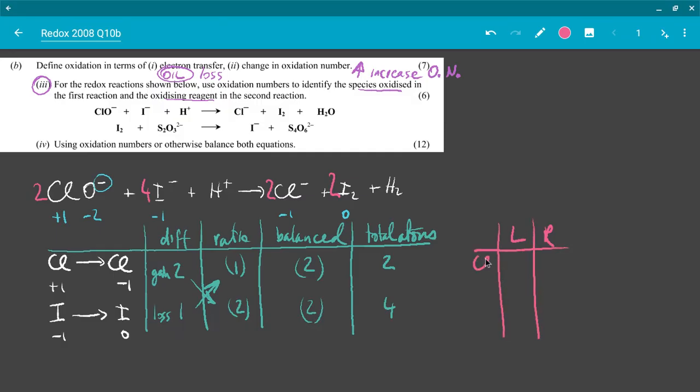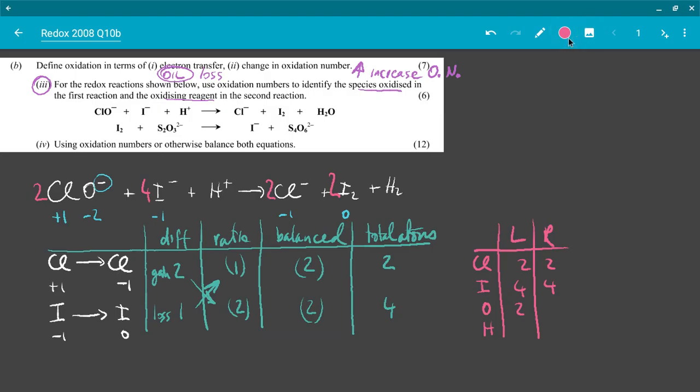We've got chlorine and iodine sorted already, but we need to take account of oxygen and hydrogen. So we worked out the first 2. Now oxygen, there's 2 already here on the left, so I need 2 on the right.